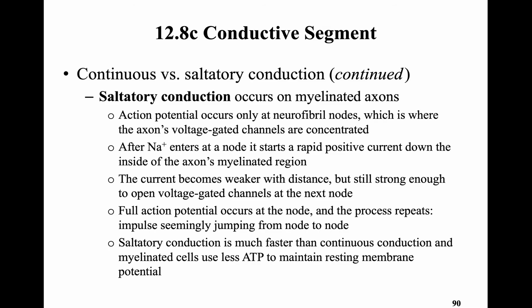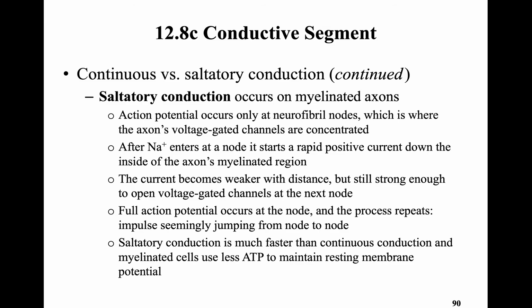Now, saltatory is found in myelinated neurons. We've already said in a previous chapter that myelin is a protein. The purpose of myelination was to increase the speed of conduction and to protect the neuron.